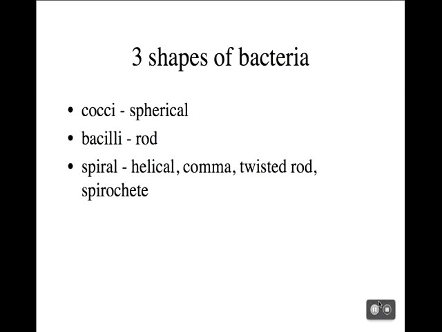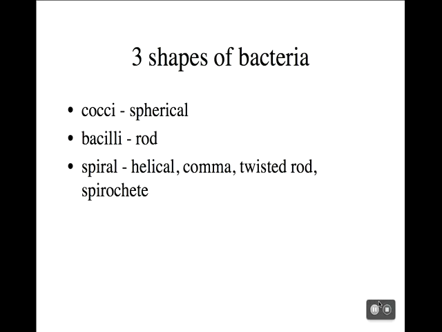All right. Shapes. There are three different basic shapes for bacteria. If a cell is perfectly round, then we call it a cocci. Cocci is plural, coccus is singular. If it's a rod-shaped organism, then we call it a bacillus, which is singular, bacilli is plural.